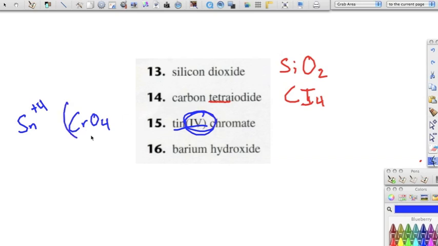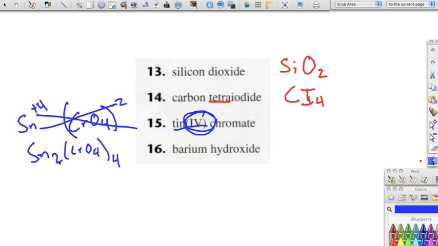And then chromate is going to be -2. When we crisscross those guys, we get Sn2, and then CrO4 with a 4 on the outside. And since it's on the outside of the parentheses, we can reduce this. So our final formula is going to be Sn(CrO4)2.